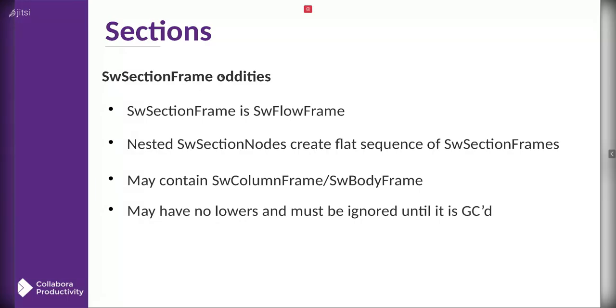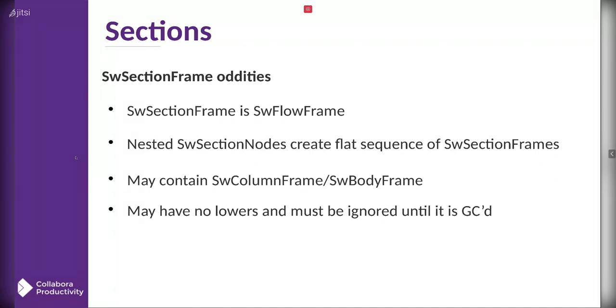And there are a few very odd things about this section frame. For example, in the document model, inside of a section, you can create another section, so you can nest them inside of each other. And in the document model, yes, the nodes are properly nested, but in the layout, you do not get nested section frames.